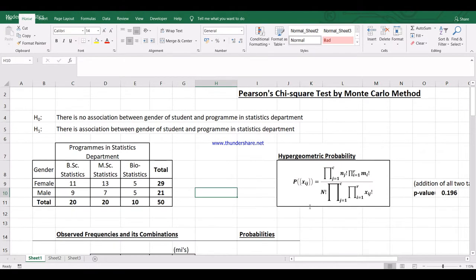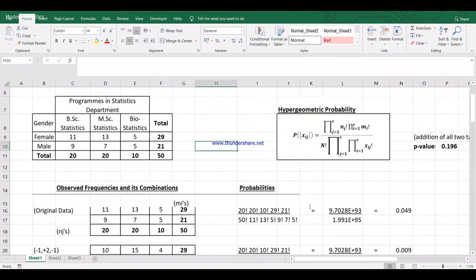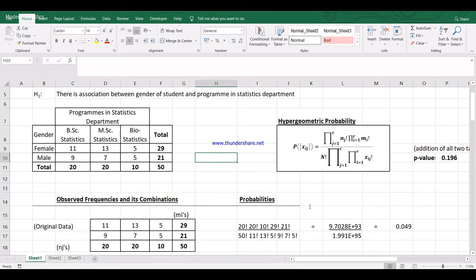Now we have to find the P estimate, that is the probability estimate for this question. So first of all, let us find the probability for the original data. So these are the Mis, this 29 and 21 are the Mis, and Njs are this, and 50 is the grand total.